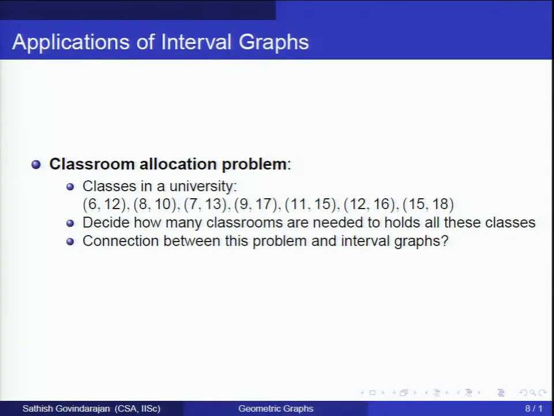So what do I mean by coloring a graph? Color what? Correct. In terms of graph terminology, you want to color the vertices of the graph with colors such that whenever there is an edge between two vertices, they cannot get the same color.